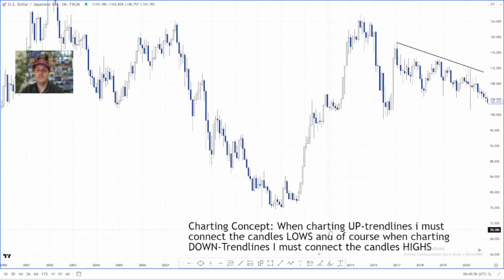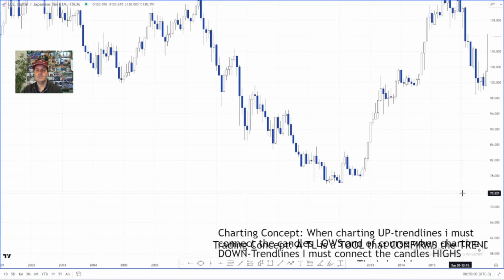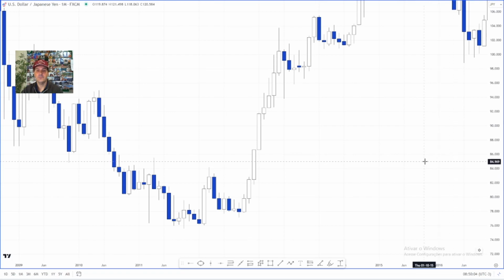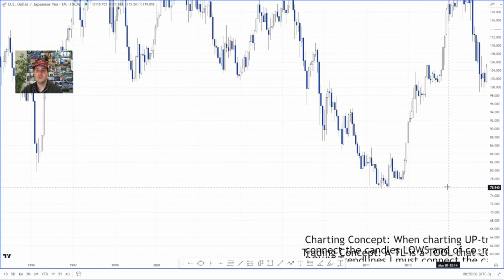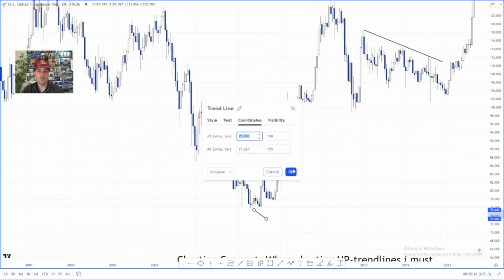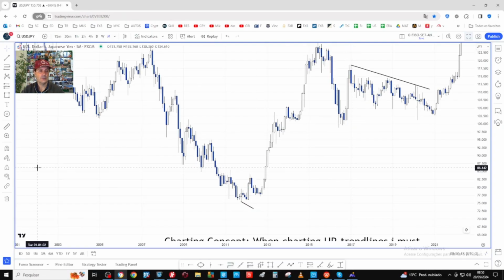Now, that being said, I'm going to zoom in, or let me do something different, right? I find the first low is this one, and trading, you have a magnet, which is helpful now in trend lines, alright?